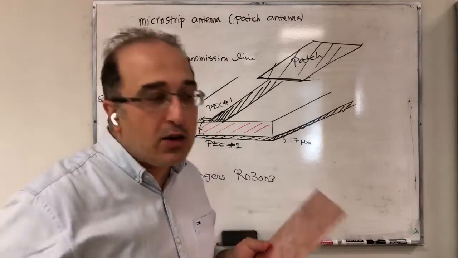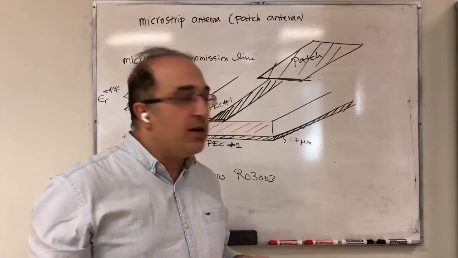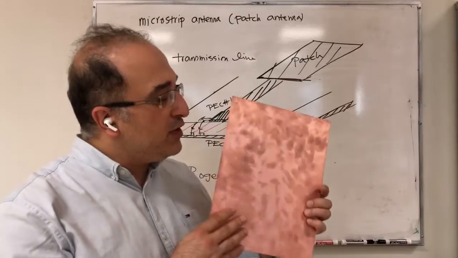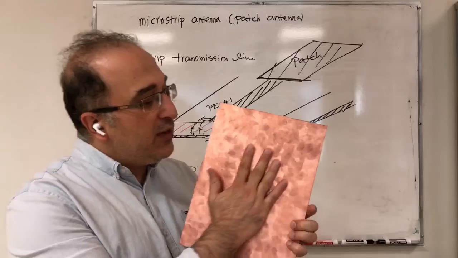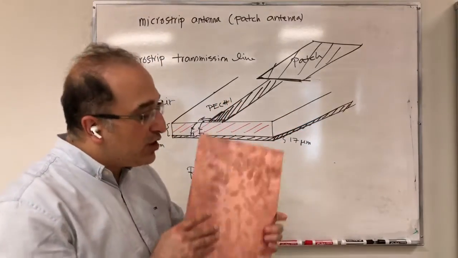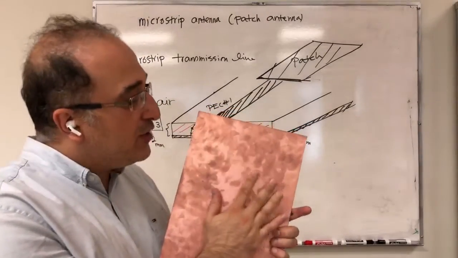So if you look at the loss tangent of the material, you would know the amount of loss. So that's essentially the structure that you usually get. And now, for example, if you consider this PEC, you can just keep that untouched.